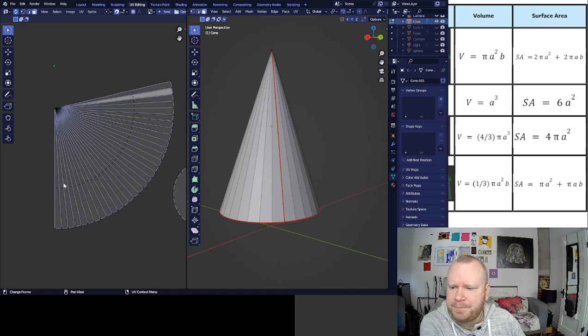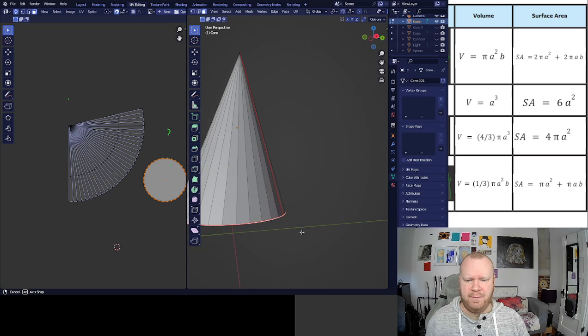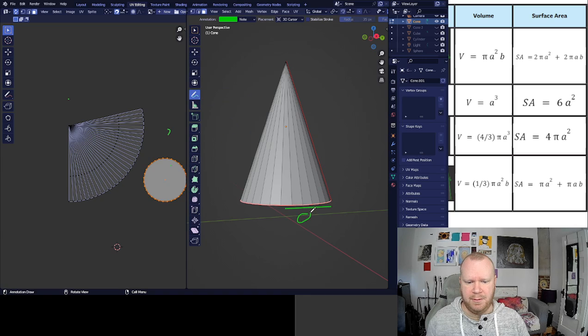Now, this is going to be easy enough to figure out the area of. So if I can give some names to these measurements here, the radius of the bottom down there, that's going to be A. But if I think about what this measurement here, so that's sort of the radius of our big circle that we're kind of looking at here, that's going to be this measurement right here.